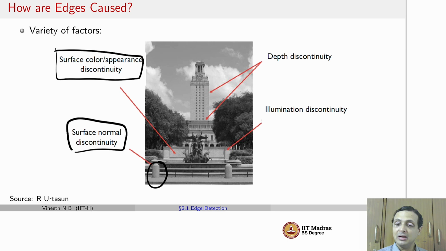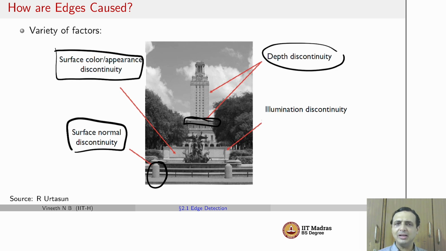There could also be depth-based discontinuities. If you observe this tower on the back, you can see that there is one portion here which is protruding out of the building, and then obviously the building is behind that protrusion. So that gap in depth between these two artifacts in your image also leads to a discontinuity.